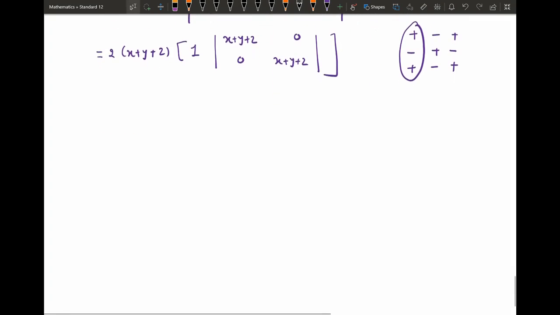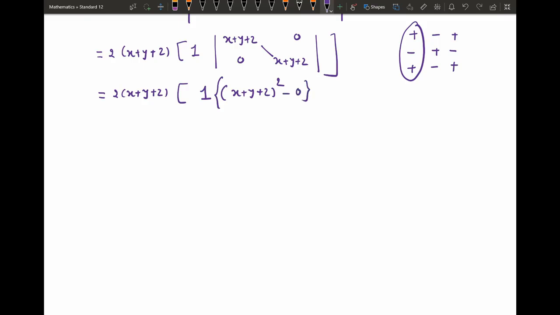Now final simplification is 1 into x plus y plus z into x plus y plus z, so this is 1 into x plus y plus z whole square minus 0. Multiplication: we have to subtract the multiplication of the entries of the subsidiary diagonal.